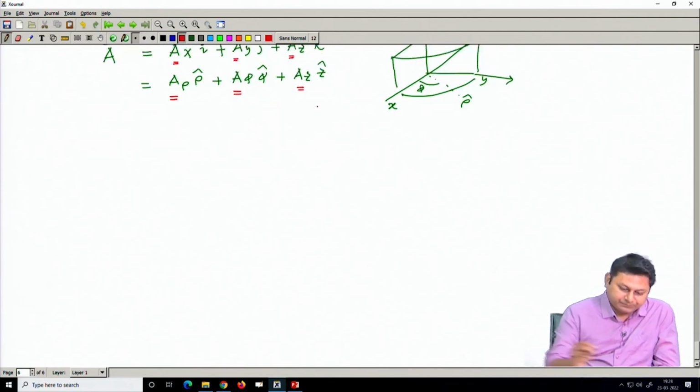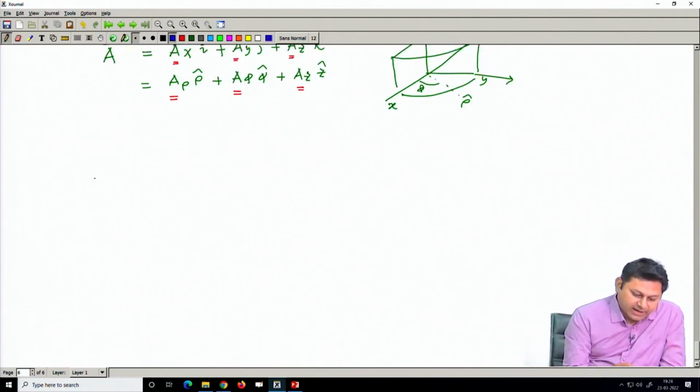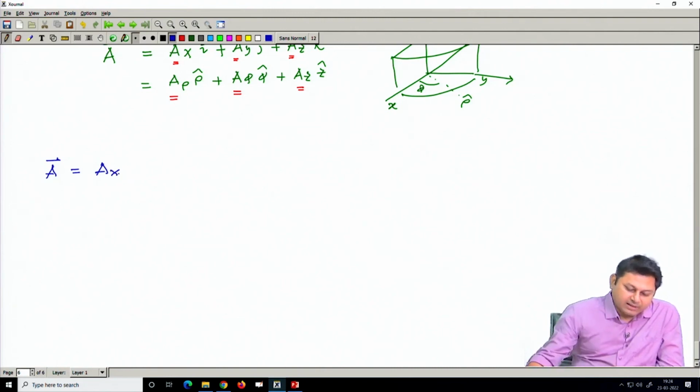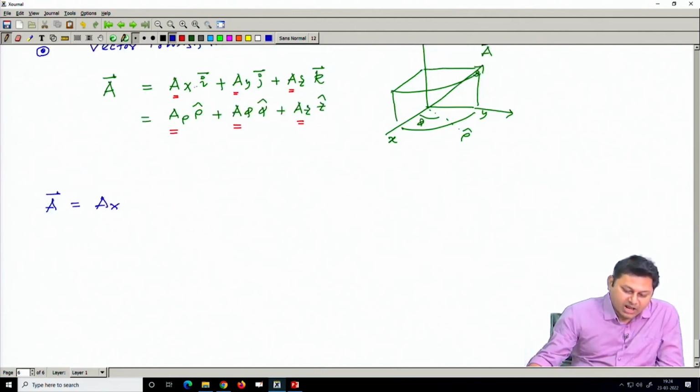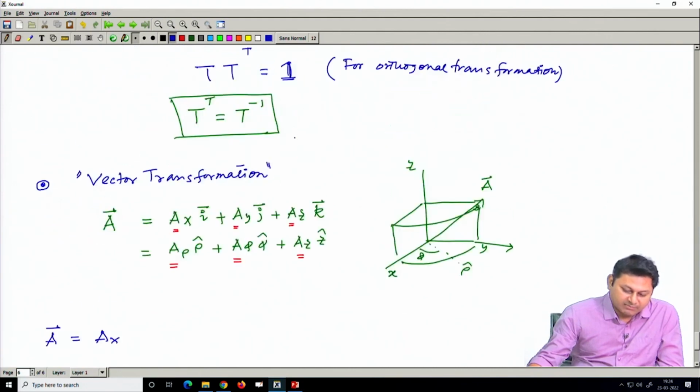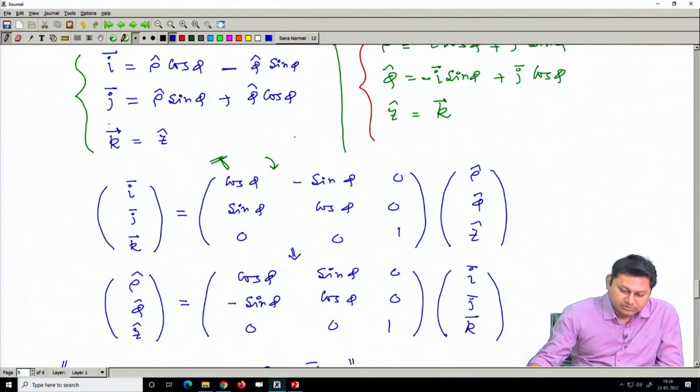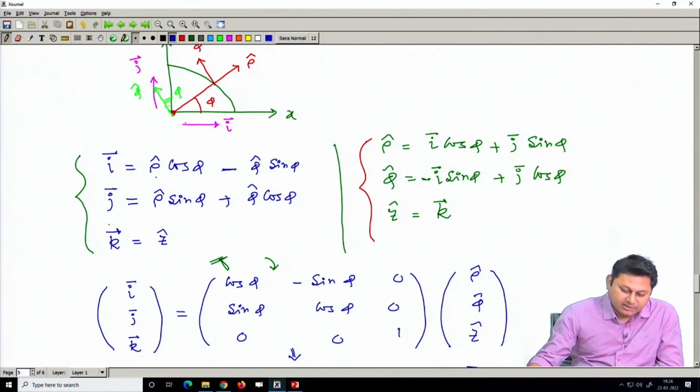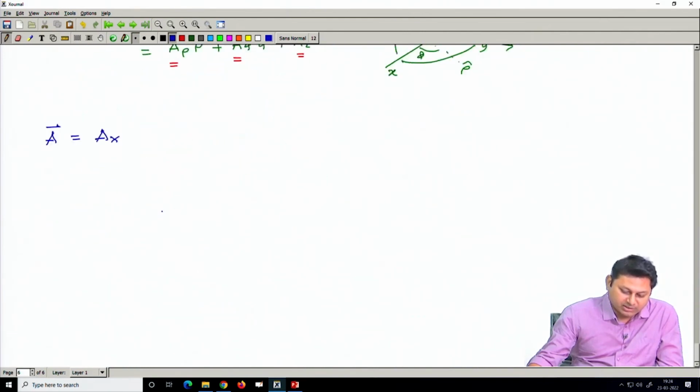Okay, let me write down the complete vector A. It is A x, and I know the relationship between i and the rho, phi, z unit vectors, because I just figured that out. So I am going to use it here.